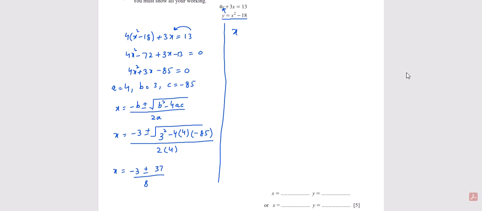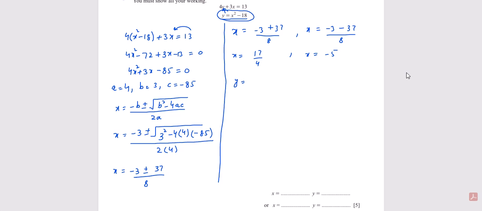So x is equal to minus 3 plus 37 divided by 8. Separate the negative and positive numbers. X is equal to minus 3 and minus 37 divided by 8. So x is equal to, calculate these values, we get 17 by 4 and minus 5. So put x is equal to 17 by 4 in this equation, like that.